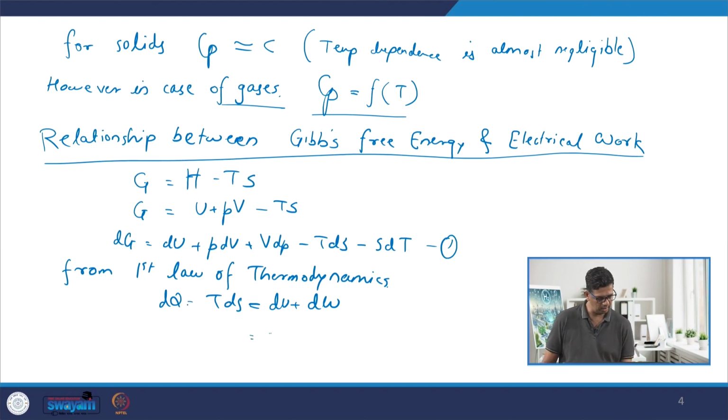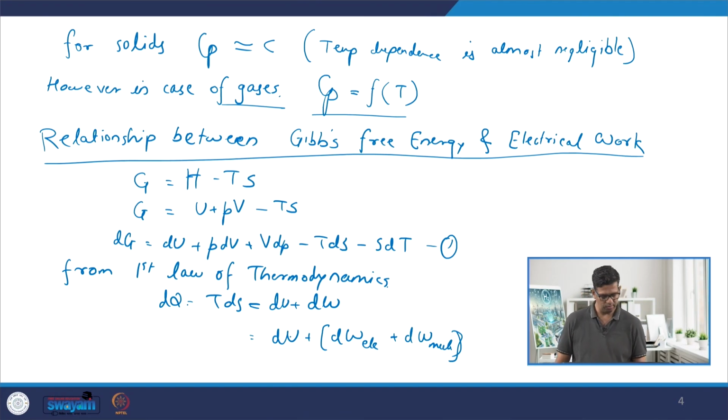We can write this as dU plus dW electrical work plus dW mechanical work, and then we can go on adding different other types of work. Basically we are focused on electrical work, as we will see as we proceed.